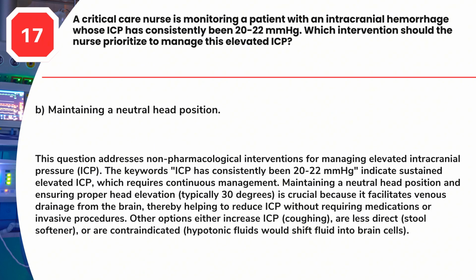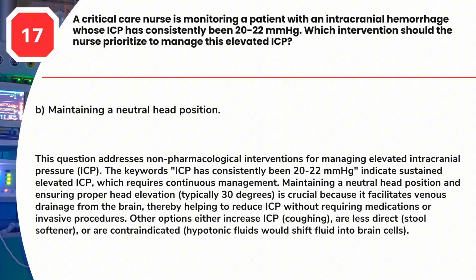Answer B. Maintaining a neutral head position. This question addresses non-pharmacological interventions for managing elevated intracranial pressure, ICP. The keywords "ICP has consistently been 20 to 22 millimeters of mercury" indicate sustained elevated ICP, which requires continuous management.